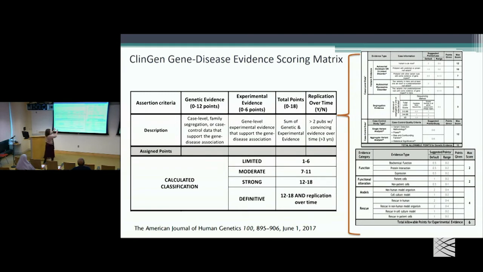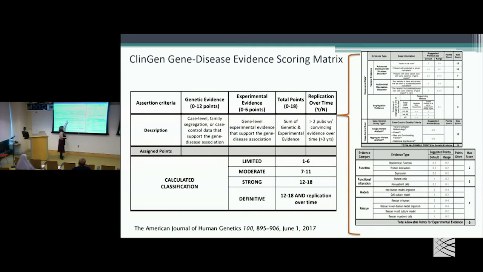So this is a little bit of the framework. We look at genetic evidence and we score it according to a point score. We look at experimental evidence. We sum up those two. And then we also look at replication and time, to allow the community to develop data that may dispute a claim.